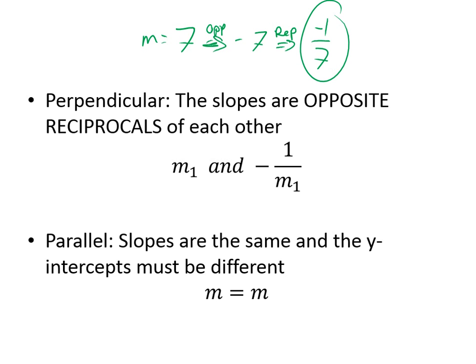And the way to check to see if it's perpendicular, you take your original slope, multiply it by the perpendicular slope, and it should always equal -1. If that's the case, it is perpendicular.